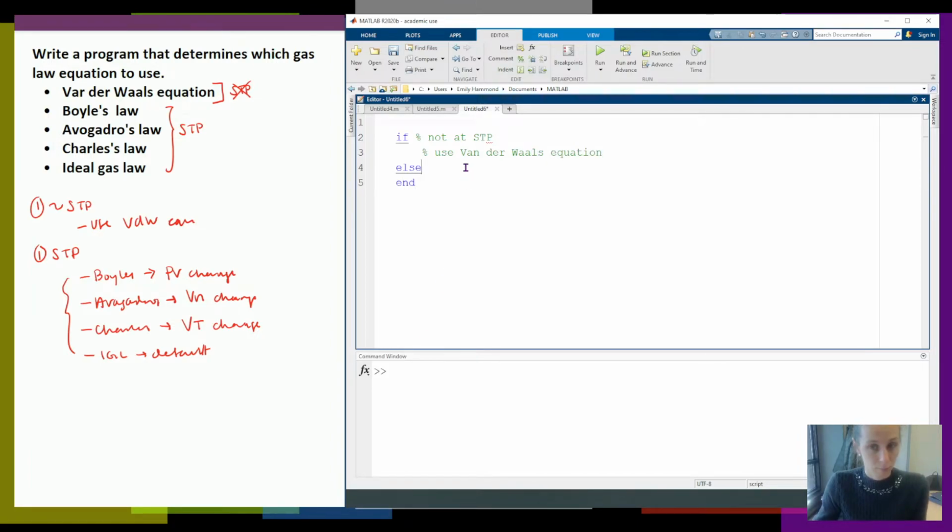Otherwise, I am at standard temperature and pressure, at STP. And now I'm going to go ahead and make another decision. Decide between Boyle's, Charles', Avogadro's, and ideal. So I've got an if statement inside of my if statement, which is totally fine. So if I am varying pressure and volume, then I would use Boyle's law.